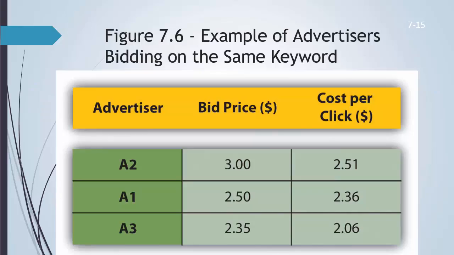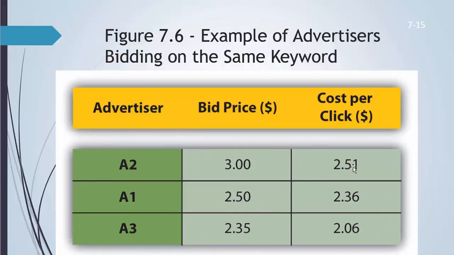Here's an example of the bidding process. You have some advertisers, they're bidding this amount, but let's say this advertiser A2 bids $3 for a click, and the next one after that, bidding in the same area, is only $2.50. Should they really pay 50 cents more, or do they just have to pay a penny more?